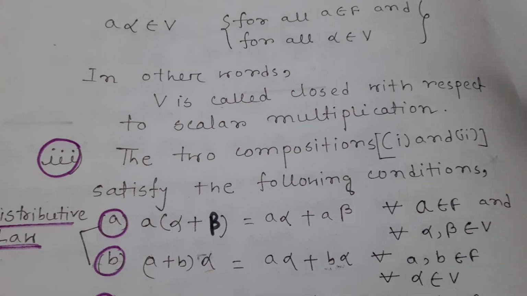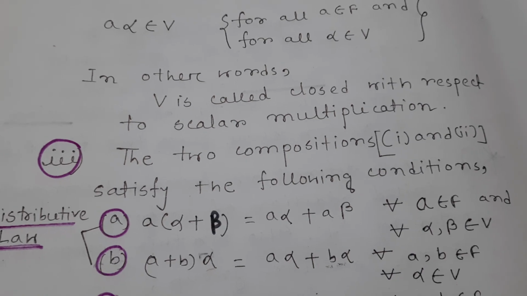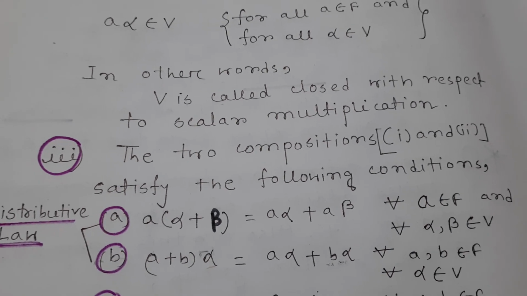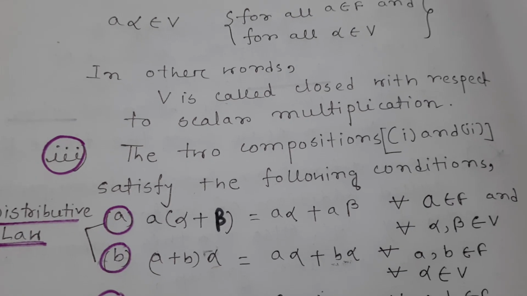If all the conditions are satisfied, then we can say this is a vector space, okay.